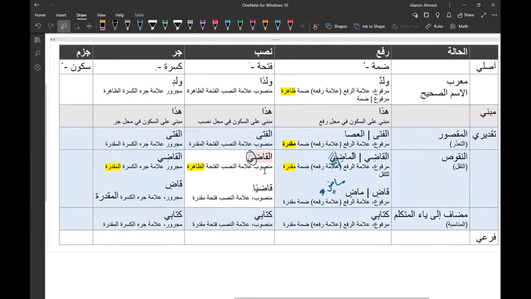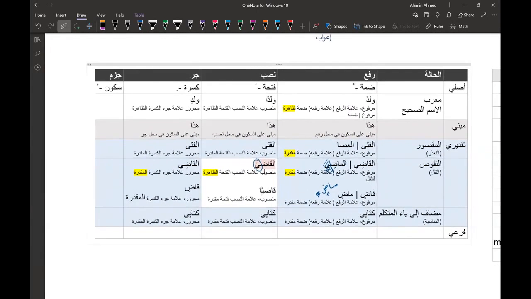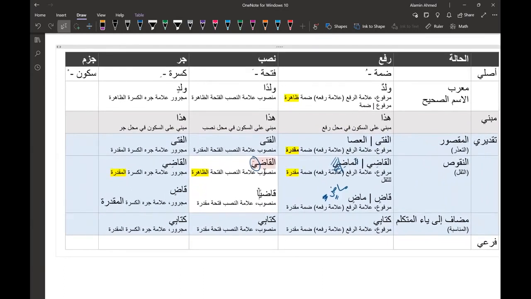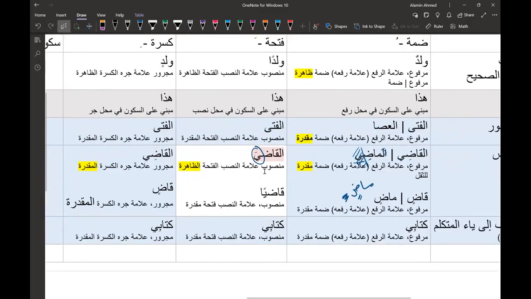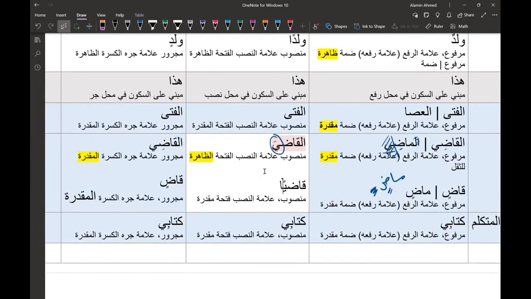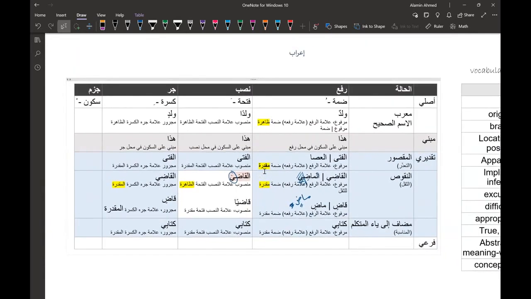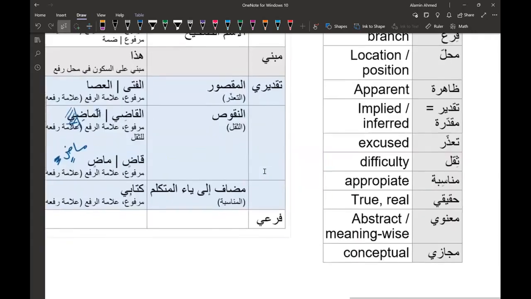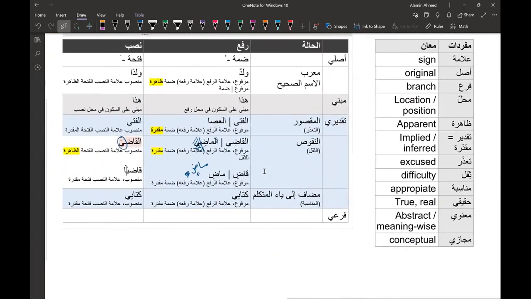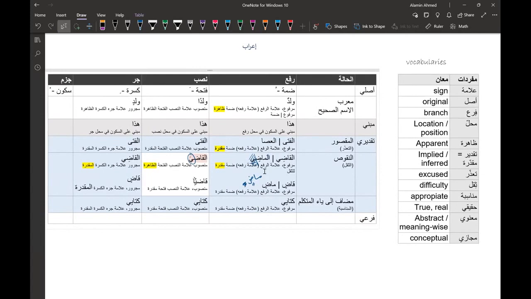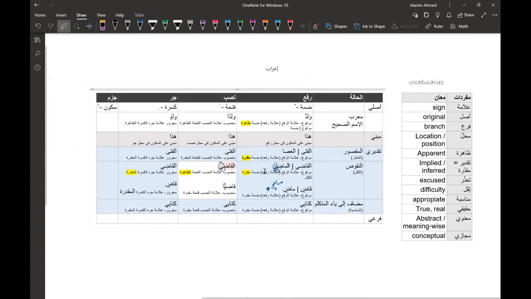So again, manqus is taqdiri in the raf and the jar, but it is zahiran, it is clear, asli in the nasb state, both in ma'rifa when you have alif lam and in nakira when it is indefinite. Clear, guys? So this is something that I wanted to clarify. And I added a few more vocabs here. And as I told you, I'll keep on adding words as we get more of them.